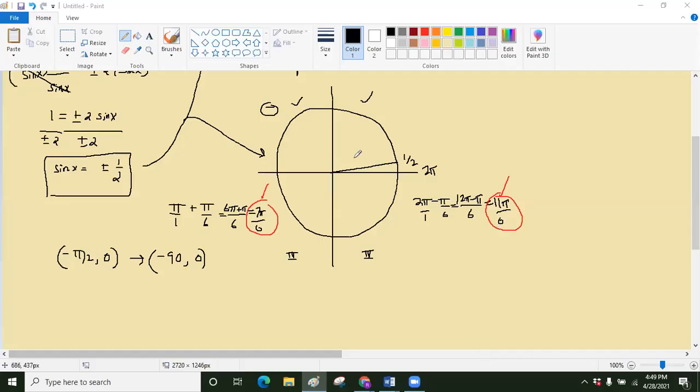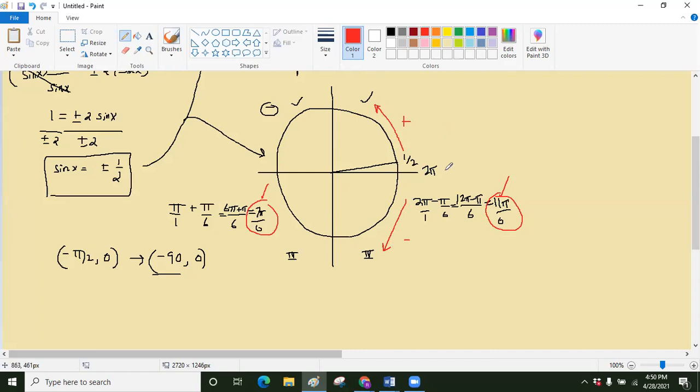So we want to first figure out this particular interval and where it graphically resides. Going this way, counterclockwise, is positive, and going clockwise is negative.